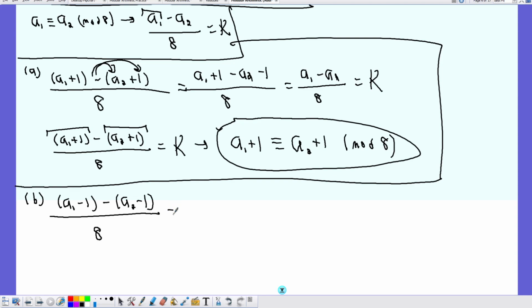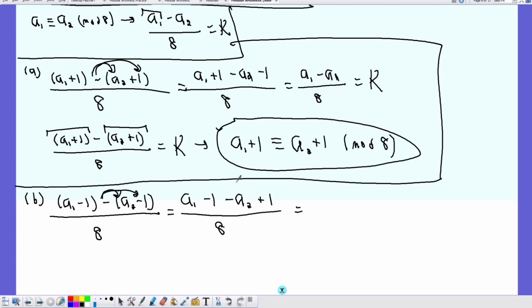Let's simplify. Keep the first part the same, a1 minus 1. Distribute the negative, so we have minus a2. And minus negative 1 becomes positive 1, over 8.